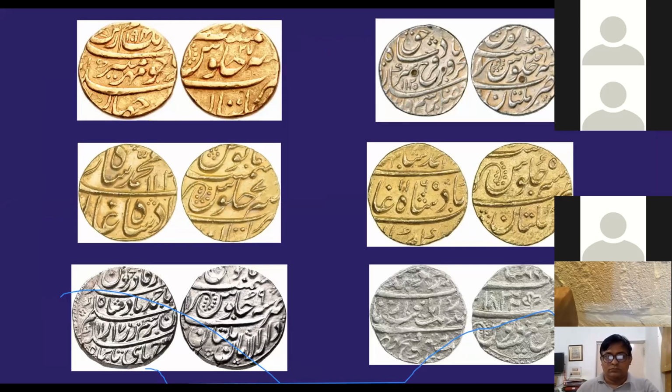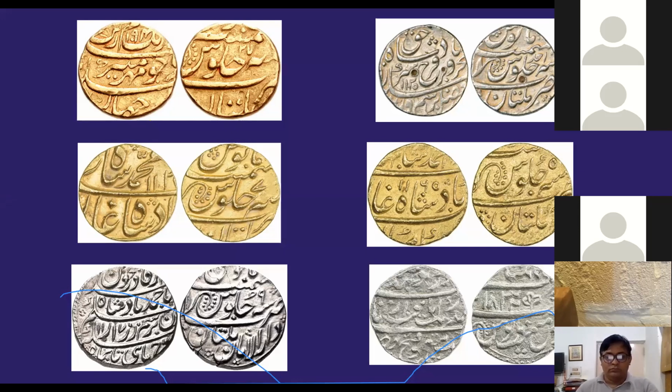So for example, here are examples of the Multan mint, of different kings. I'll go from left, right, left, right, left, right. Left is Aurangzeb, right is Farrukhsiyar, then left is Muhammad Shah, right is Ahmad Shah, then left is Ahmad Shah Abdali or Durrani, and the last one on the right is a Sikh coin.